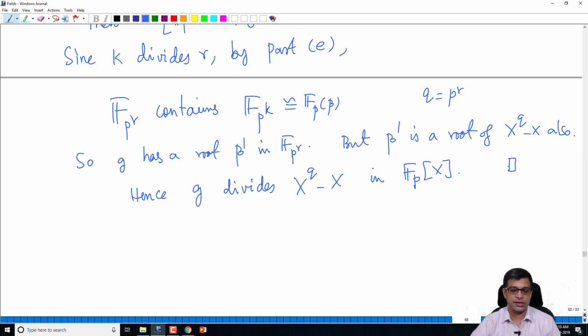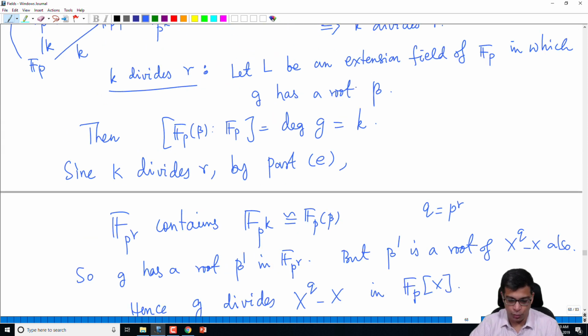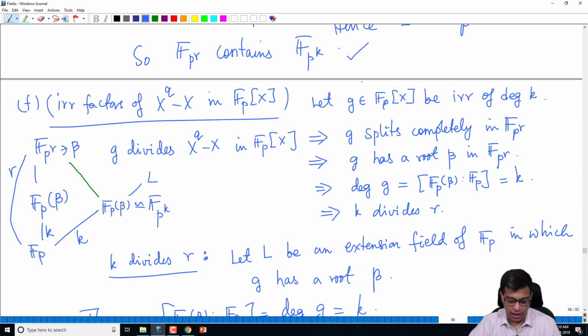This is because the division process doesn't keep track of which field you are working with, assuming you have started with the polynomials in the same base field. Okay, so that's an aside, but we conclude that G divides x power q minus x. So if k divides r, and G is an irreducible polynomial of degree k, it divides x power q minus x.